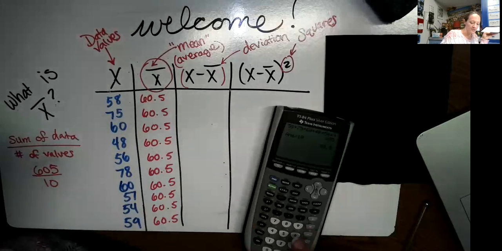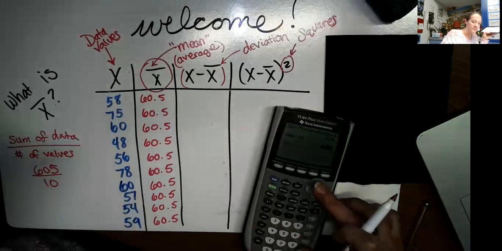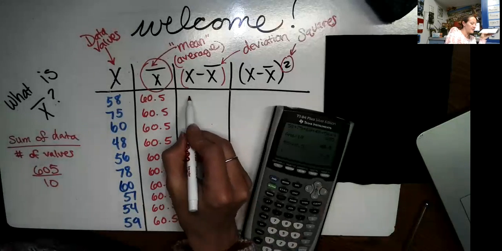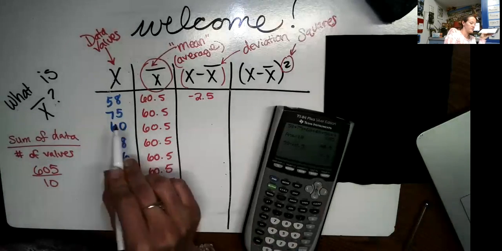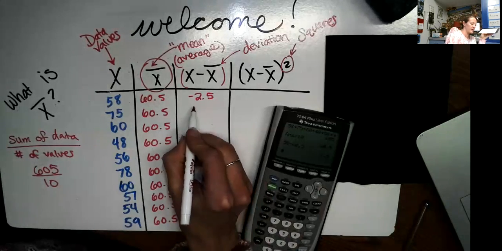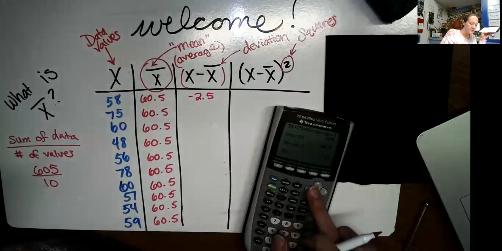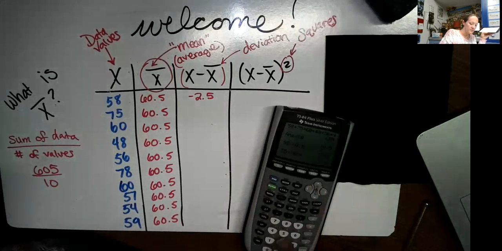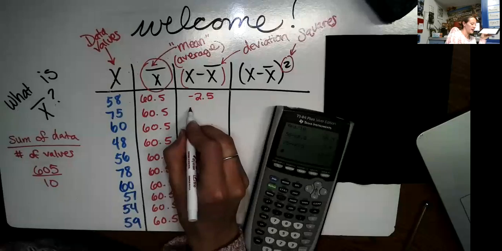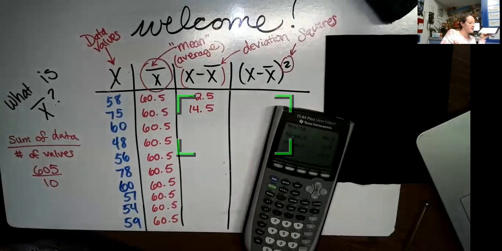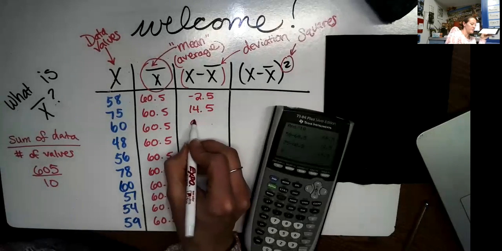And so if I take 58 and subtract the 60.5, I'm going to end up with negative 2.5. If I do 75 minus 60.5, is that going to be 15.5 or 14.5? 14.5. We can almost do that one in our head. 60 minus 60.5, oh man, that's close.